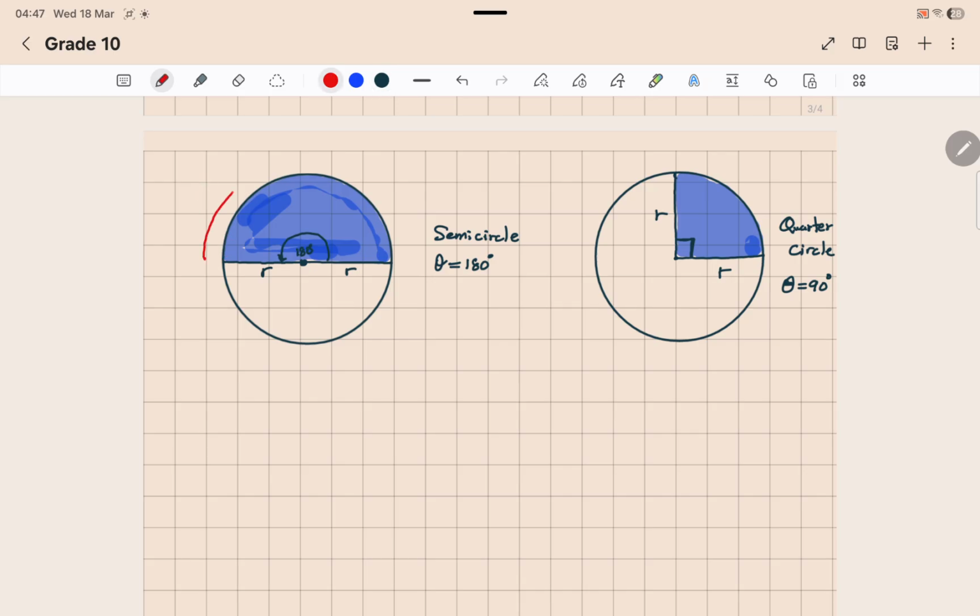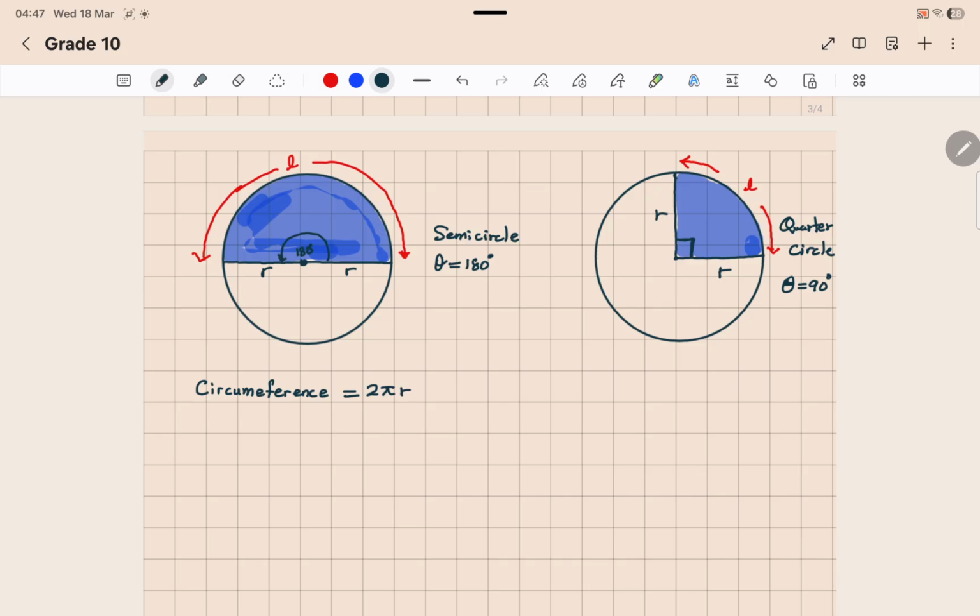Now let's try to find the arc length of these two. This is the arc length of this semicircle, and this is the arc length of this quarter circle. We know the circumference of a circle is 2 pi r.